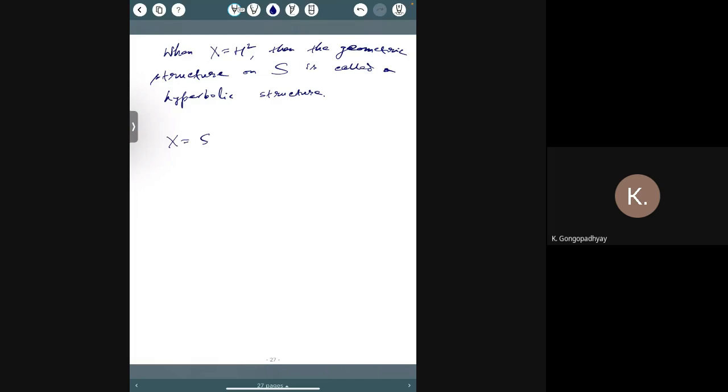If X is S2, then it is a spherical structure. If X is E2, then it is a Euclidean structure, or sometimes called affine Euclidean structure.